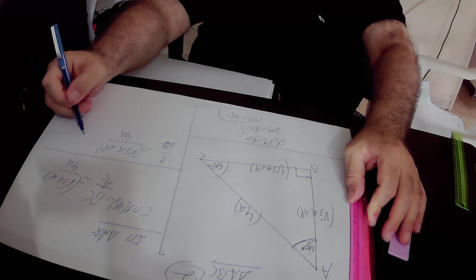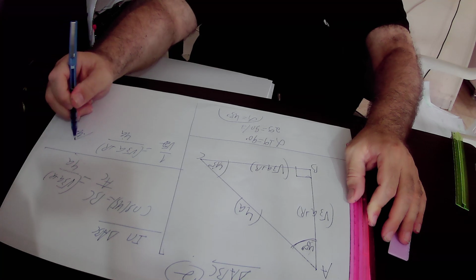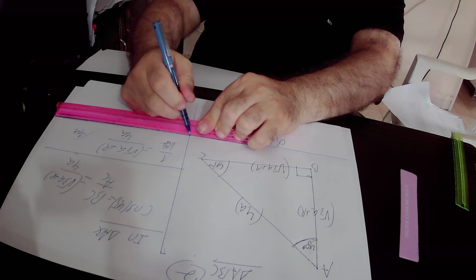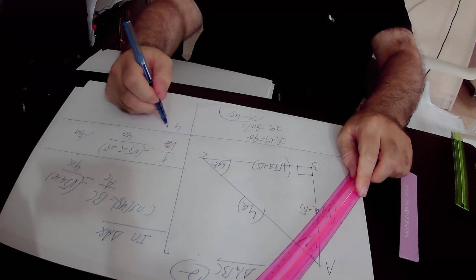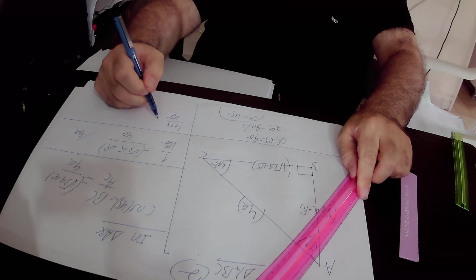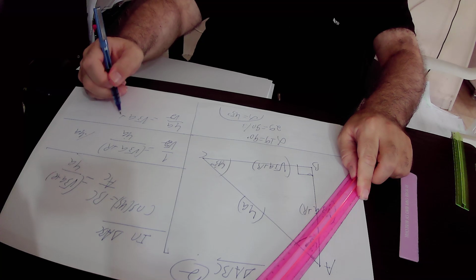Here we multiply this equation by 4a, and we get that 4a over square root of 2 equals square root of 3 times (a plus r).